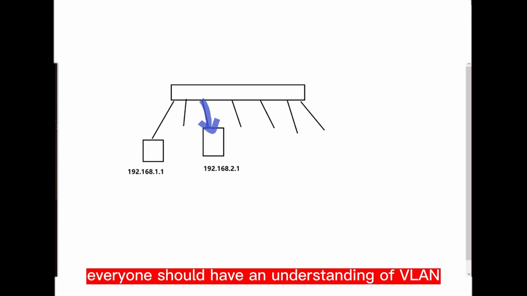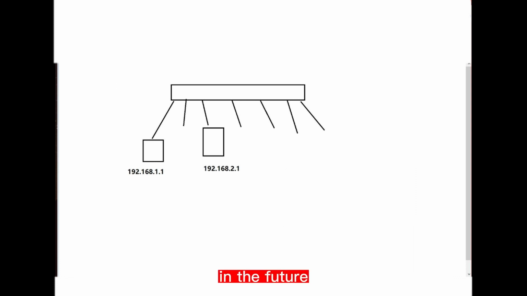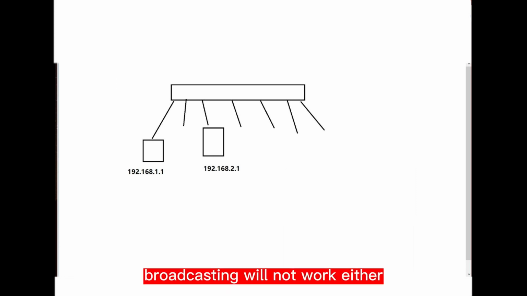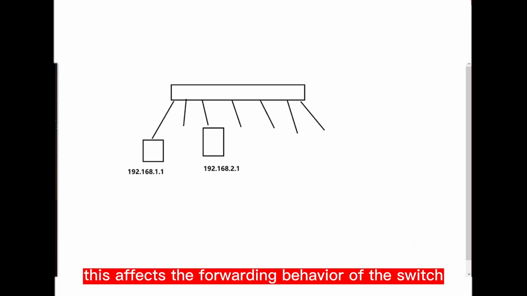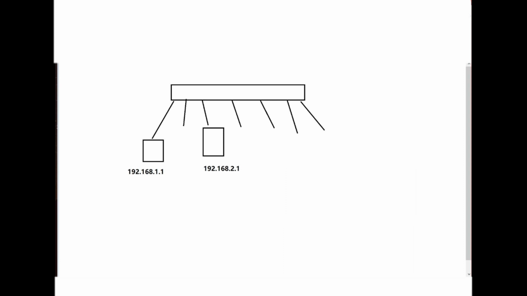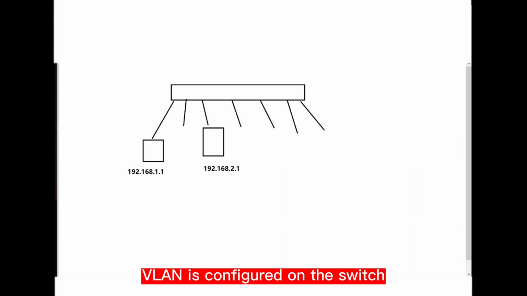Everyone should have an understanding of VLAN. The different broadcast domains it's referring to are, in the future, broadcasting will not work either. This affects the forwarding behavior of the switch. That is, VLAN is configured on the switch.